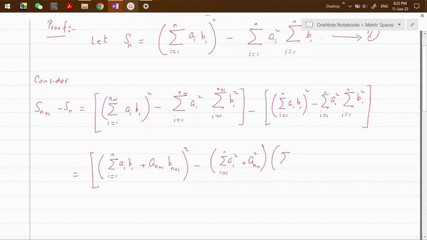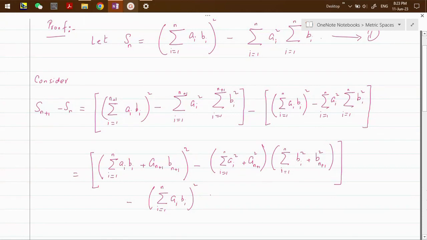The first consists of summation of first n terms, summation i from 1 to n bi square plus b n plus 1 square, minus, we have summation i from 1 to n ai bi whole square.